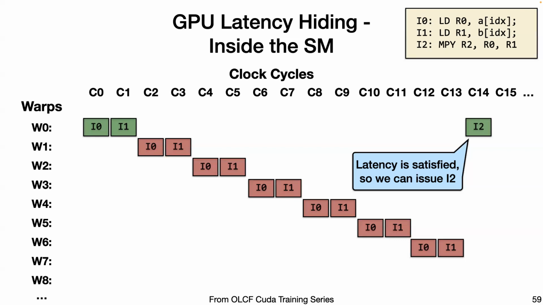It can build a graph on the registers, basically. Here I2 uses R0 and R1, and it can see that R0 and R1 happen in I0 and I1. The scheduler is implemented in software. But yeah, the scheduler is a mapping between these instructions and the hardware warps.